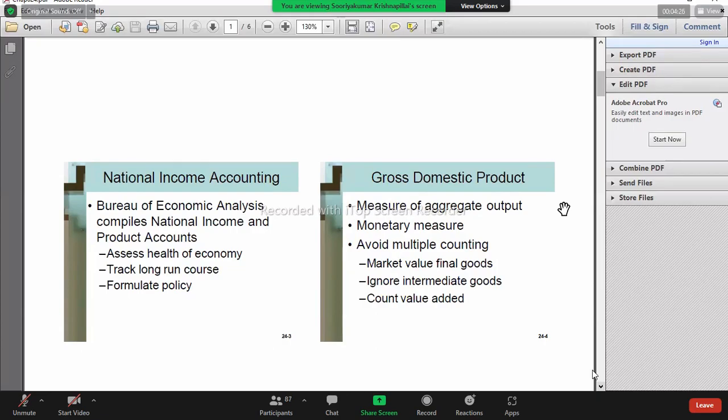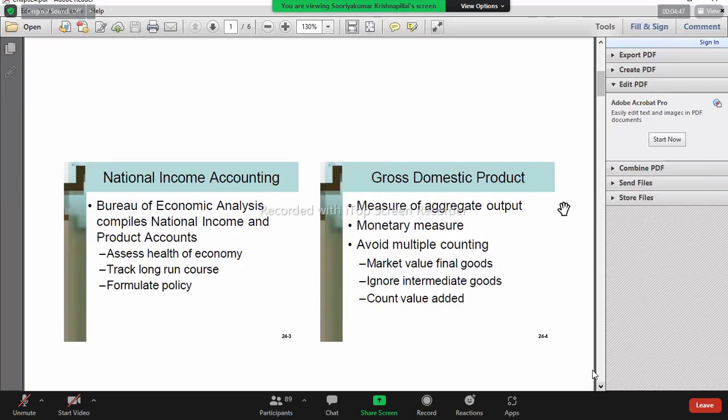So in 2021, the total value of final goods and services produced in the country, that is the GDP.